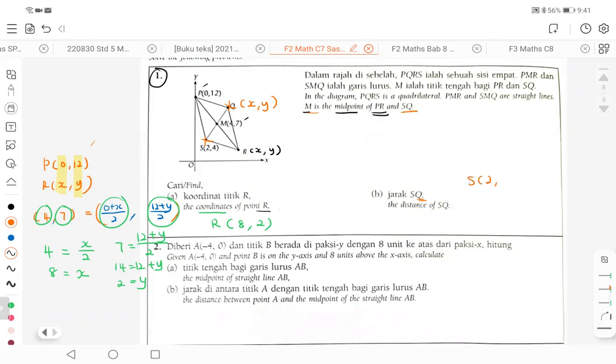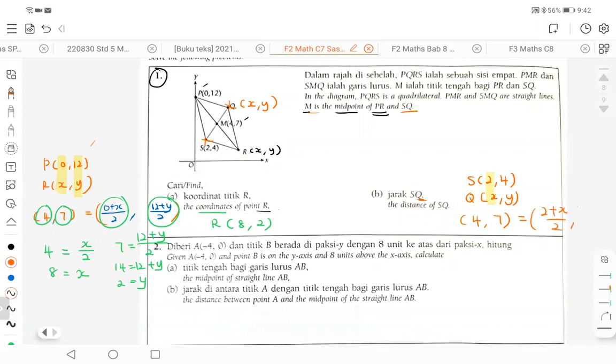S is (2, 4), Q is (x, y). The midpoint is already given. So (4, 7) equals (2 plus x over 2, 4 plus y over 2). And you separate to find the values of x and y.